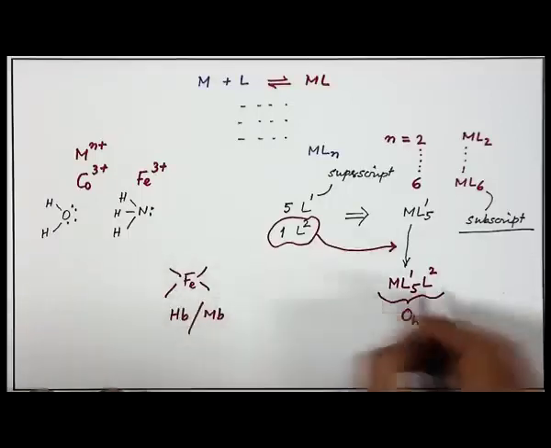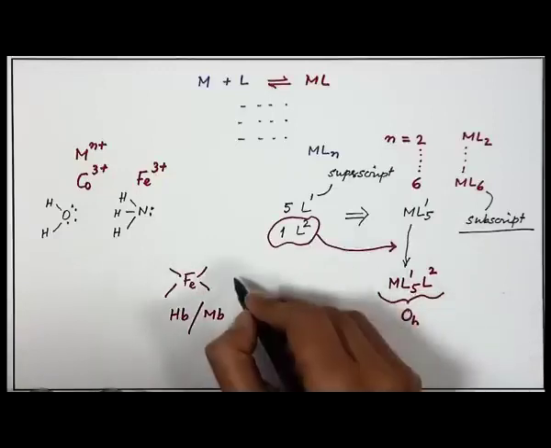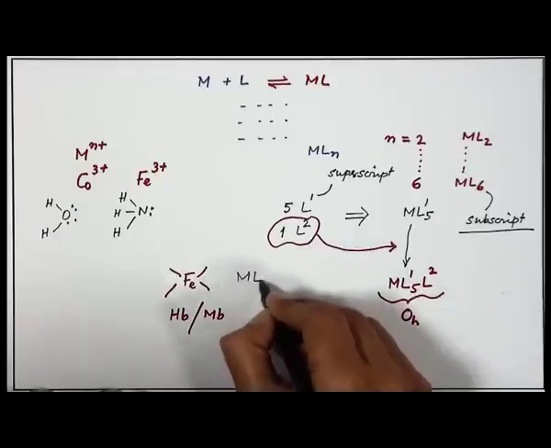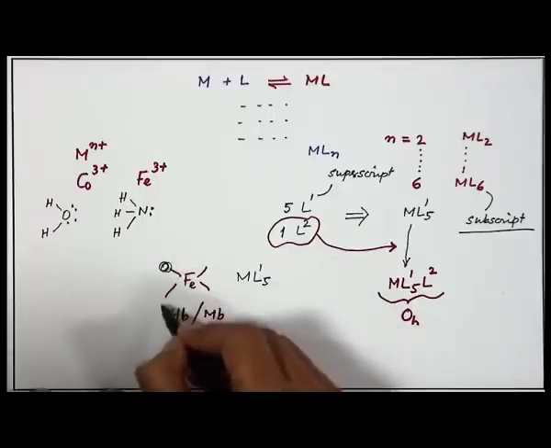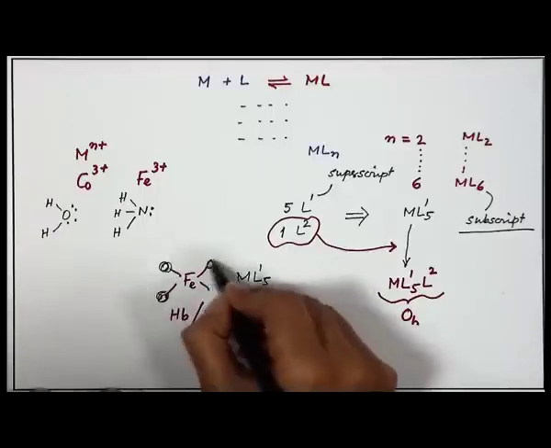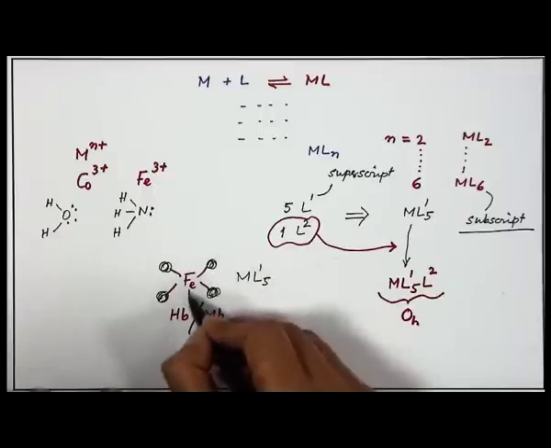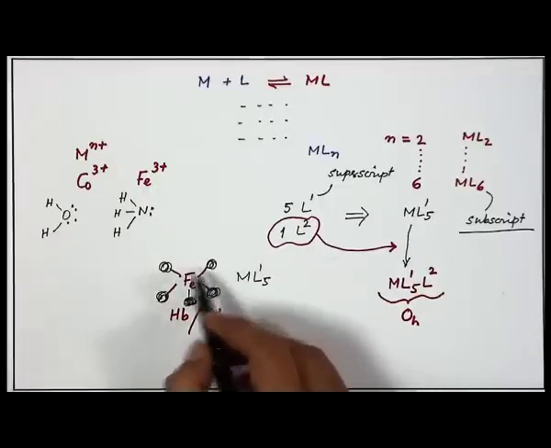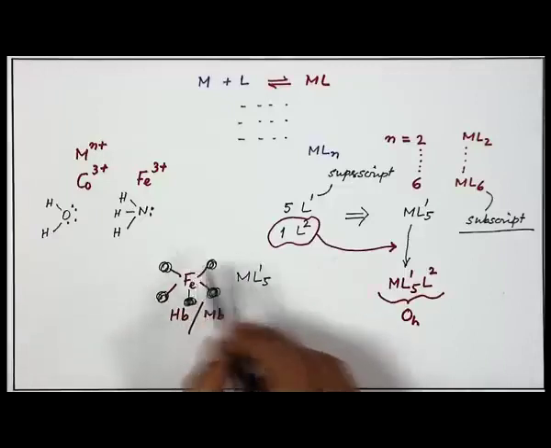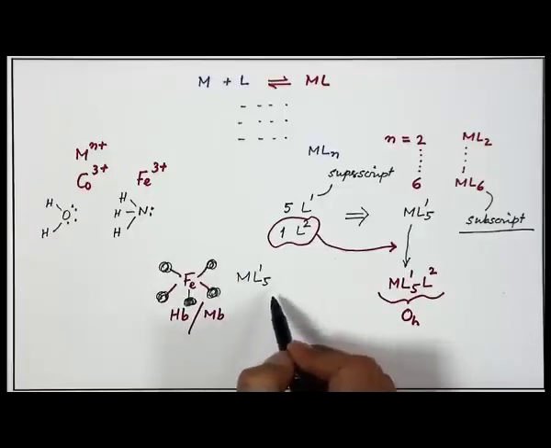So, ML5 species is forming. This is one ligand atom, this is another ligand atom, and this is another ligand atom. So, to reach this particular point, we have 5 steps.